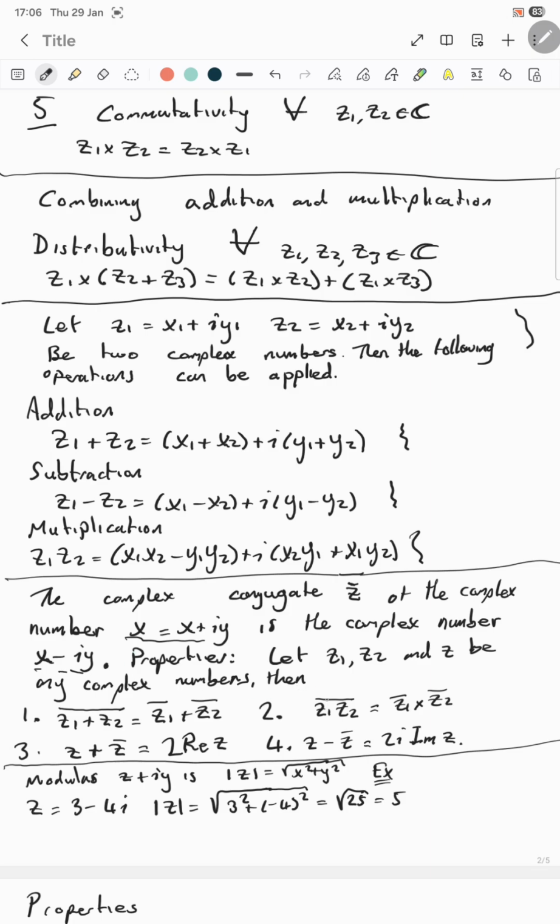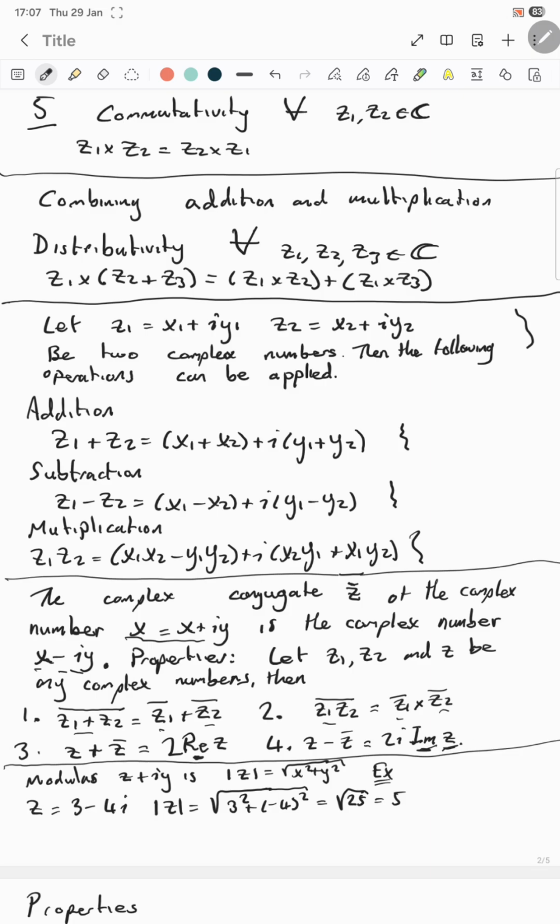So the properties: let Z1, Z2 and Z be any complex numbers, then the conjugate of Z1 plus Z2 equals the conjugate of Z1 plus the conjugate of Z2, and the conjugate of Z1 multiplied by Z2 equals the conjugates multiplied individually. Now Z plus Z bar equals 2 Re(Z), where this represents the real part of Z. Now number 4, Z minus Z bar equals 2i Im(Z). This represents the imaginary part of Z.